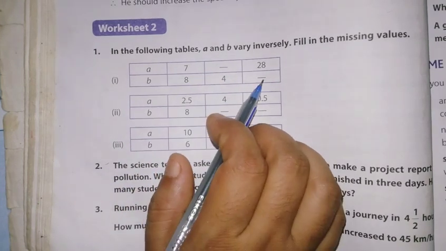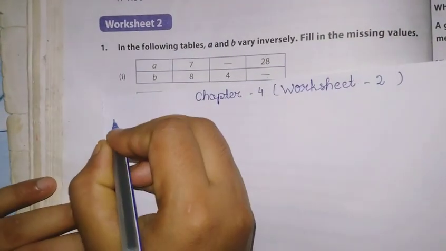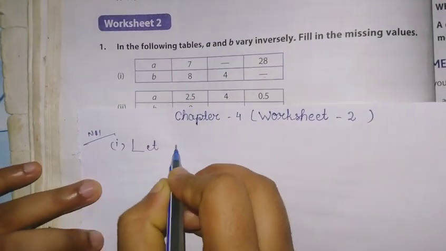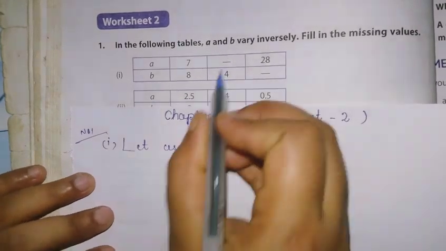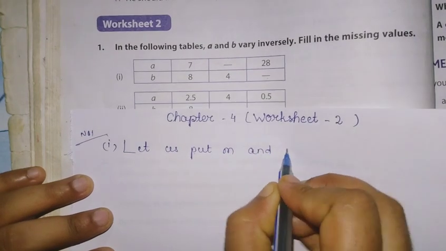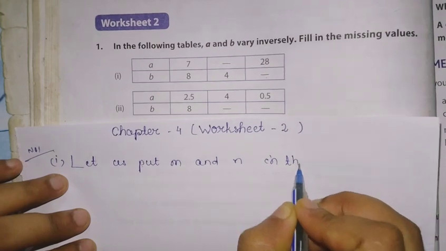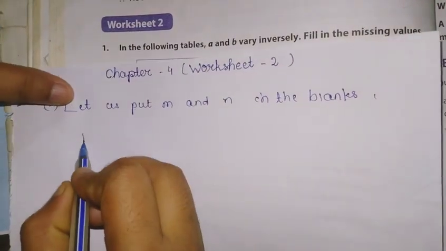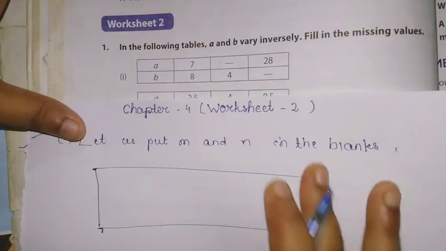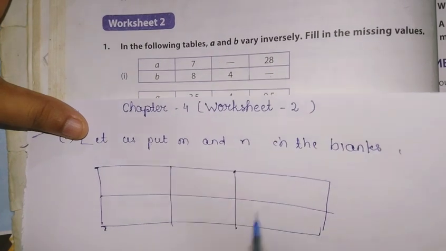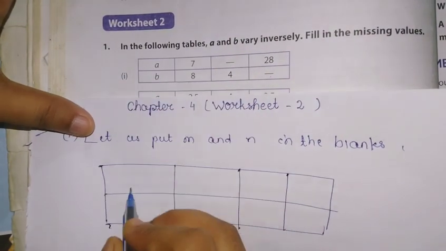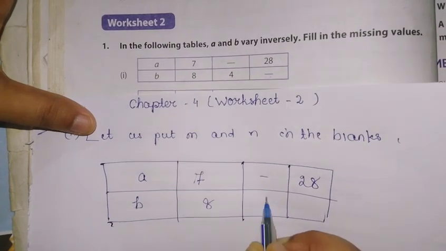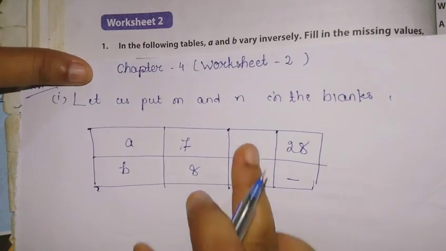Let us put M and N in the blanks. The table has A and B: 7, 28, then 8, 4, and a dash.